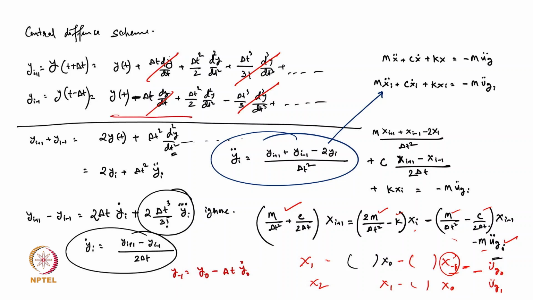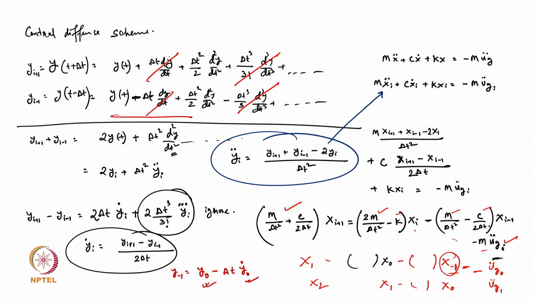If I expand it in the Taylor series, these are my two normal initial conditions, y0 and y dot 0. So if you know your delta t, you just put that, you will get your yi minus 1. So you will get xi minus 1 from that, substitute it, keep going. Make sense? Perfect. So here also your second initial condition gets used.